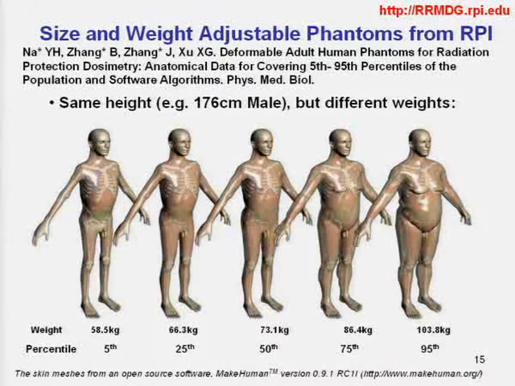The first pass would be to modify the size of a person based on weight. We can look at the range from what started as our reference person, maybe not a perfect percentile, and ask, what's an individual that is lighter and an individual that is heavier? How does that shape change?